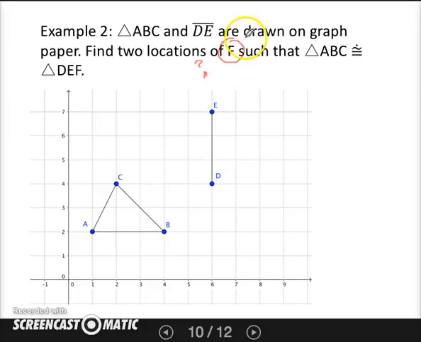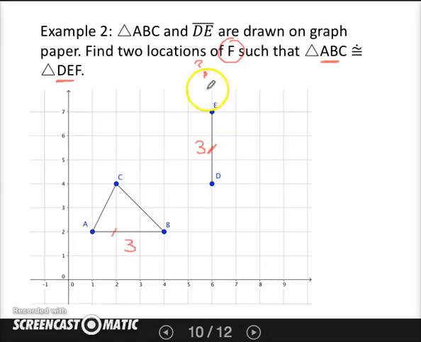So F is our mystery point, but let's see what we're starting with here. Triangle ABC, the first side of that triangle is side AB, and it looks like here that side is 3 units long. In triangle DEF, the first side is DE, and that side is also 3 units long. So we have 2 corresponding sides here.